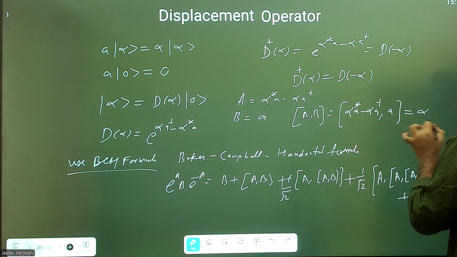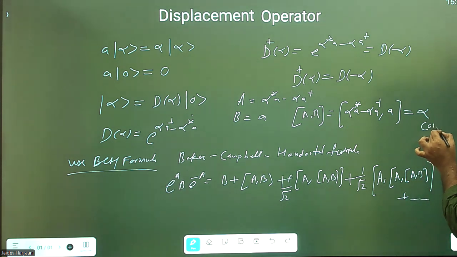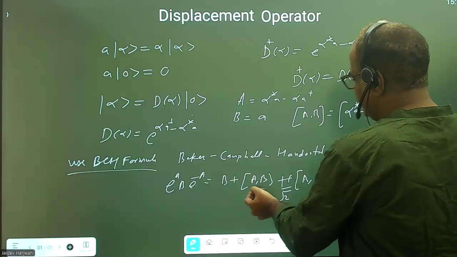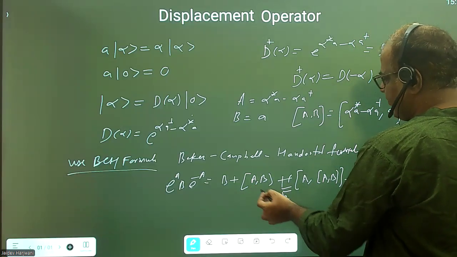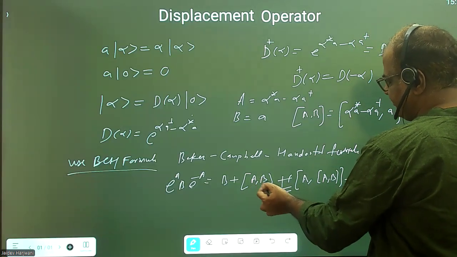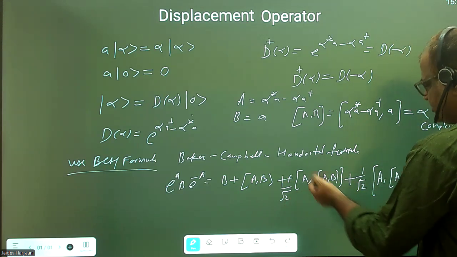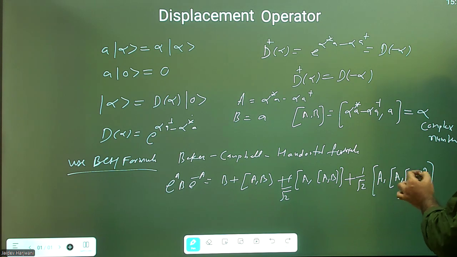If you solve this one, it comes out as a number, a complex number. So that means the commutator of A, B commutes with A also, because it is a number, and it commutes with B also. So these are all numbers.